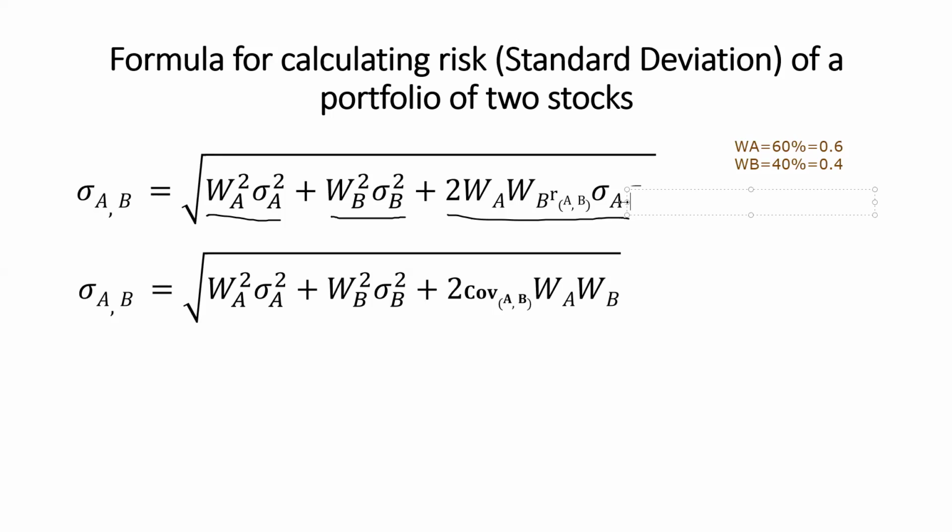That figure we have to consider in this calculation for R. So we consider the correlation coefficient into the weightage of both stocks into the standard deviation of both stocks. Correct? So three figures are there. We calculate these three numbers, add all three, and then take the square root. That is the standard deviation of the portfolio.